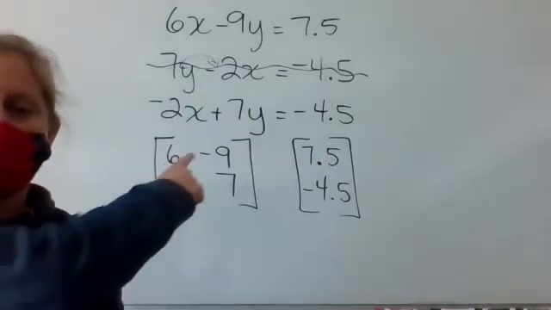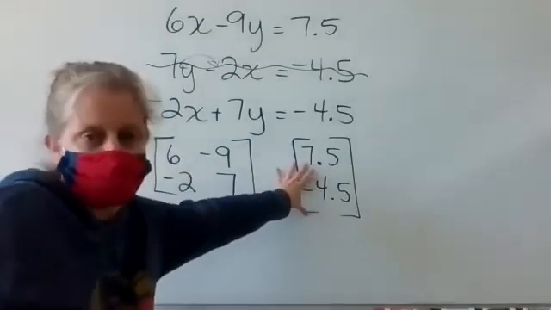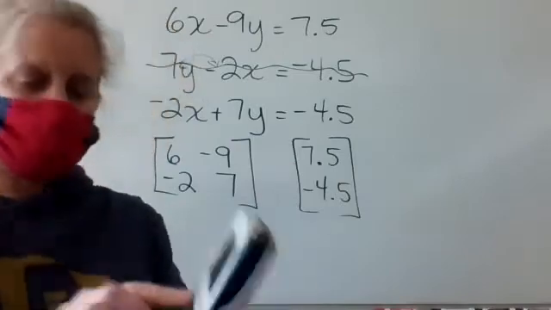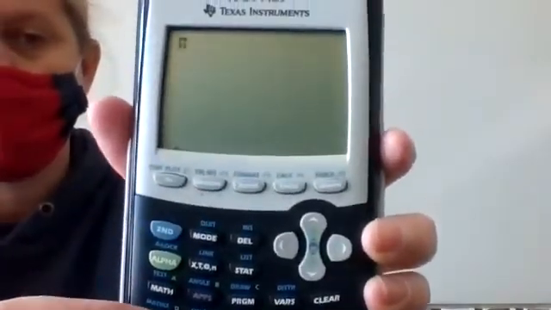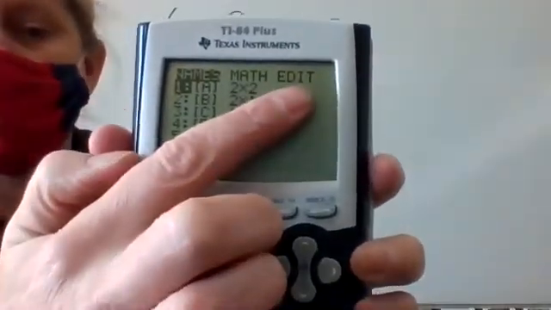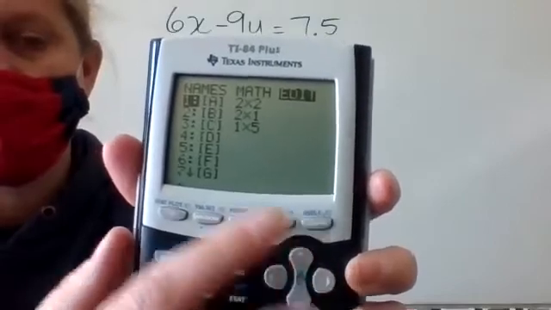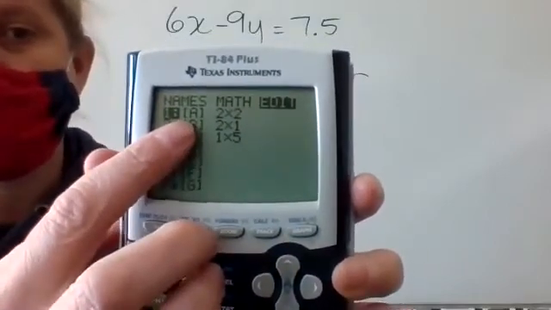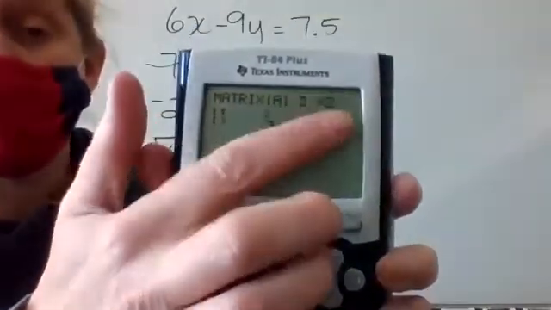So again, I want to make two new matrices, a new matrix A and a new matrix B. So when you go to second matrix, remember, you want to go over to edit and make a new matrix A. Again, it's still a 2 by 2.